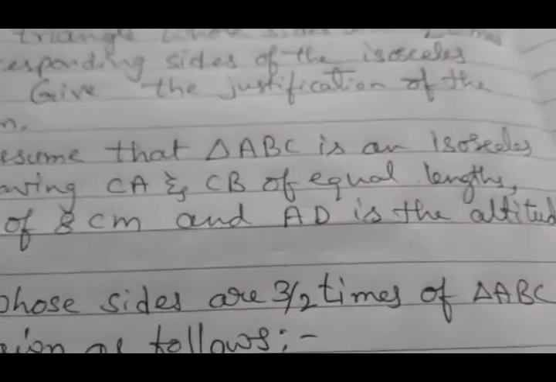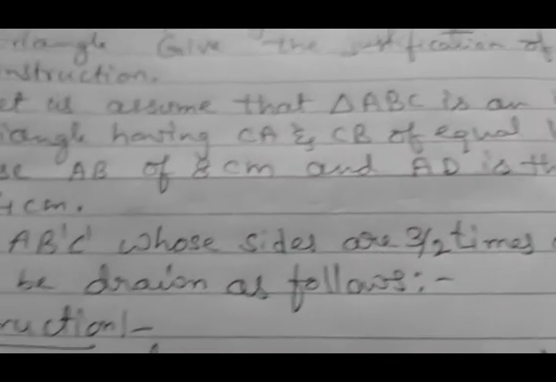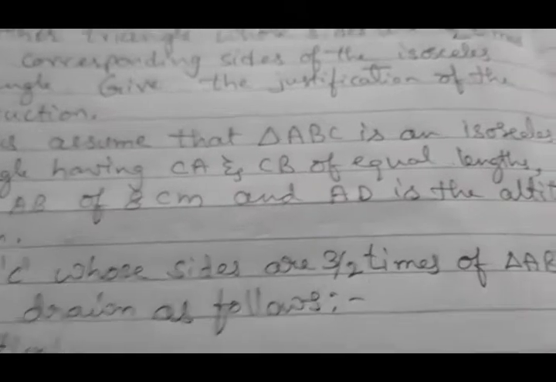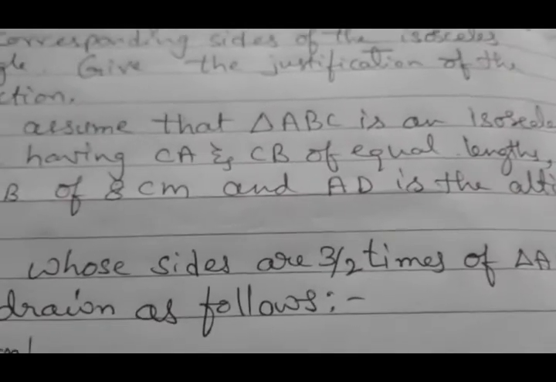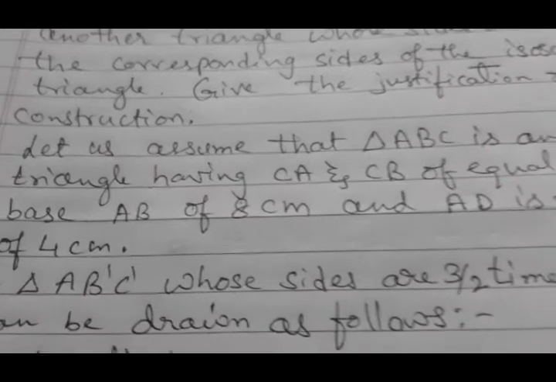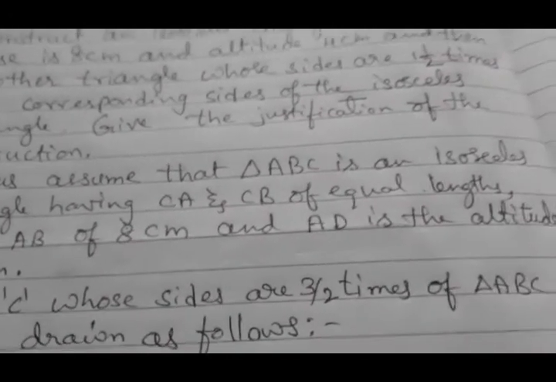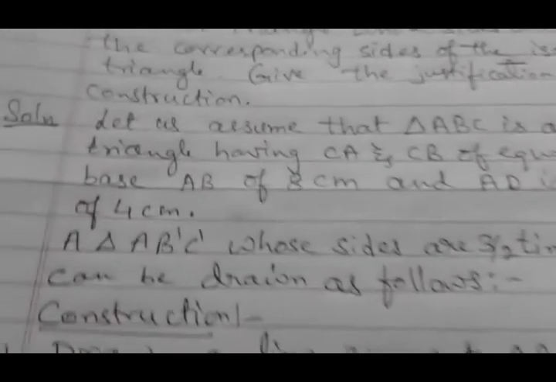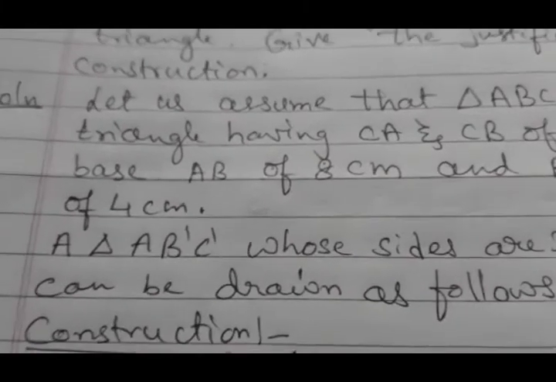The other is the similar triangle. Here for construction, let us assume that triangle ABC is an isosceles triangle having CA and CB of equal length. Base AB is 8 centimeter and AD is the altitude of 4 centimeter.